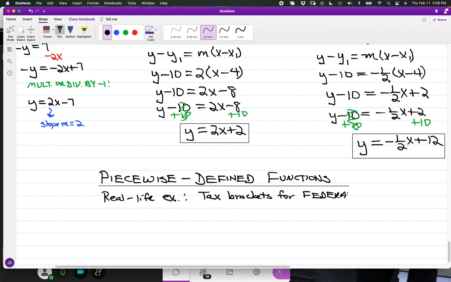So like in the case of a Form 1040, and this would be on the monetary side of things.